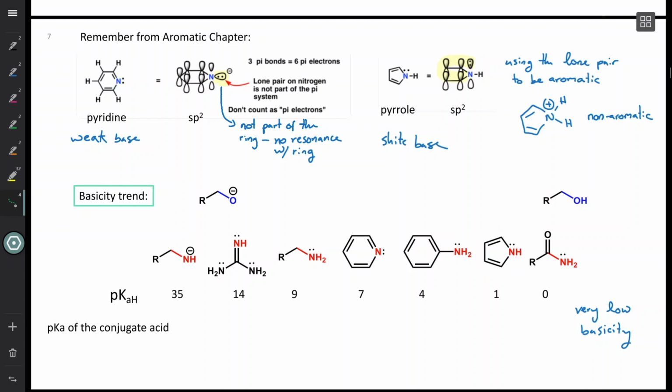And then all the way up here, we have guanidine again, a really strong neutral organic base. So you can't just say, oh, amines are bases. There are a lot of factors that affect basicity.